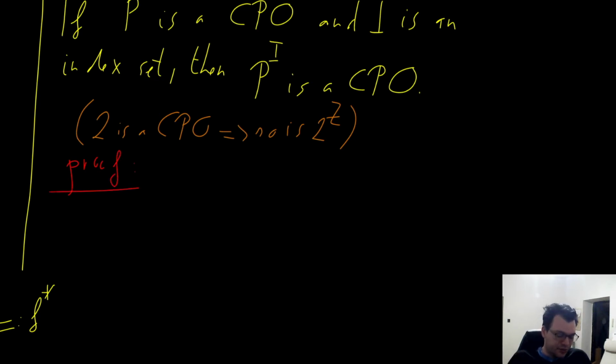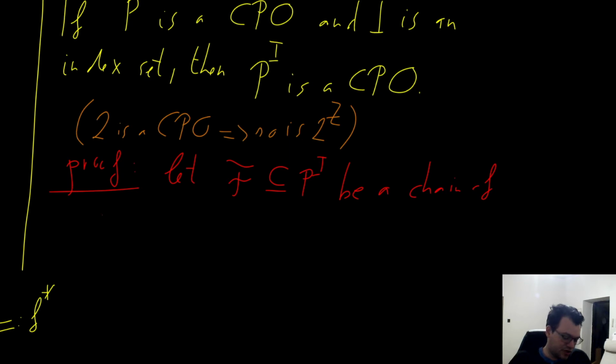Okay, so for P^I being a CPO means that if I have a chain of functions, then the supremum exists. That's what I have to show. So let F, again, a subset of P^I, be a chain of functions.